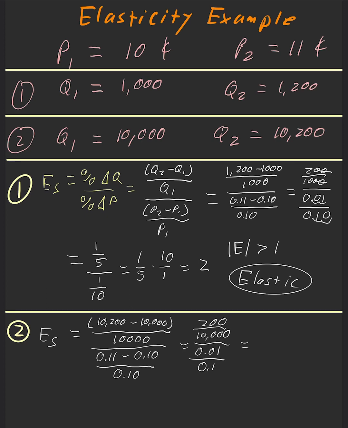I'm going to do the same thing, but now we've got 1 over 50 instead of 1 over 5. Then we can again simplify this such that we get 1/50th times 10. And so we get 1/5, or 0.2 instead of 2.